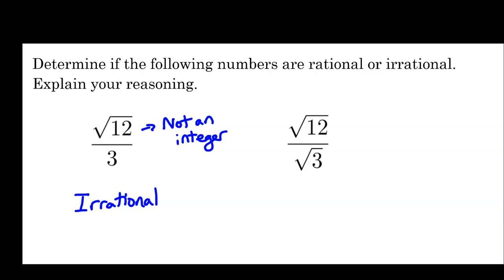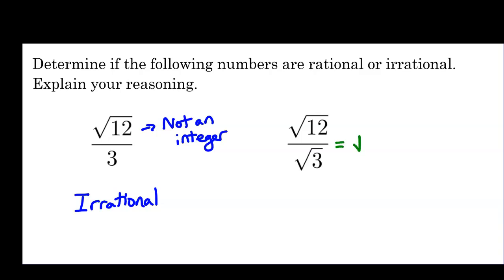Now, if we look at the next example, square root of 12 over the square root of 3, well, square root of 12 is not an integer, square root of 3 is not an integer. But we can simplify that before we make our decision. And that's the key for classifying this value.